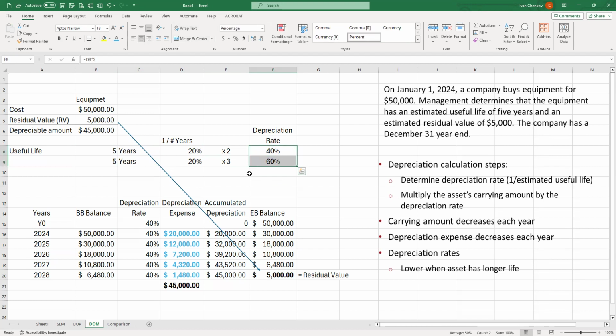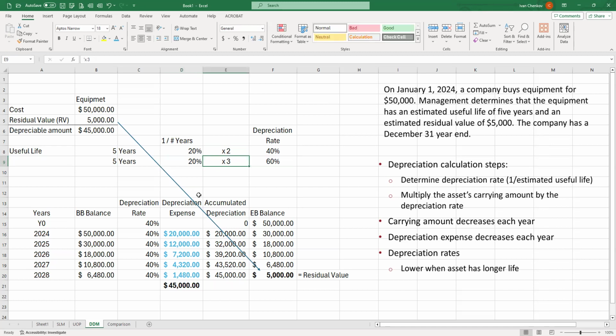So how do we come up with the depreciation rate? The depreciation per year is calculated by the formula 1 divided by the number of years times the multiplier, which accelerates our depreciation. For double declining, we double it. If we want to triple it, we use 60%.